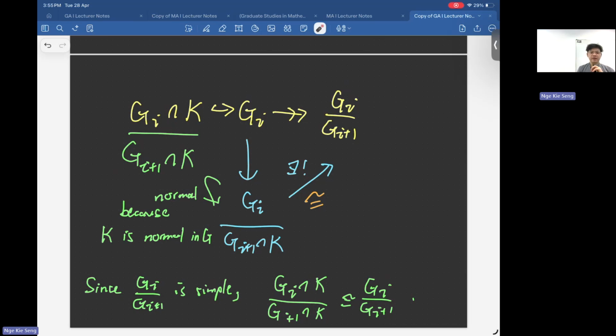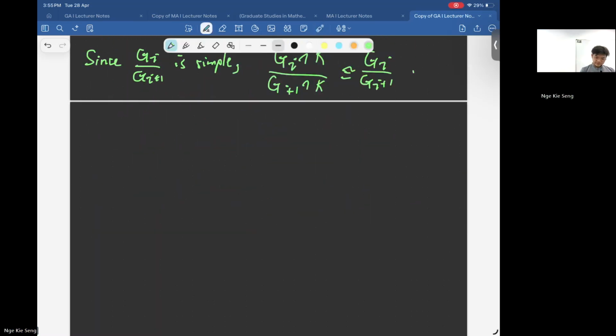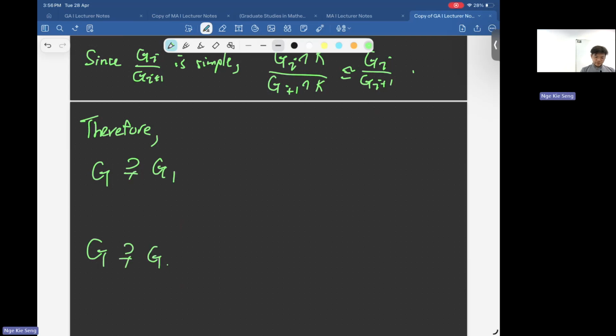Okay. Then how do we infer back? So what we did was, therefore, we actually have two new composition series. So one we have G1, one we have G1 prime.